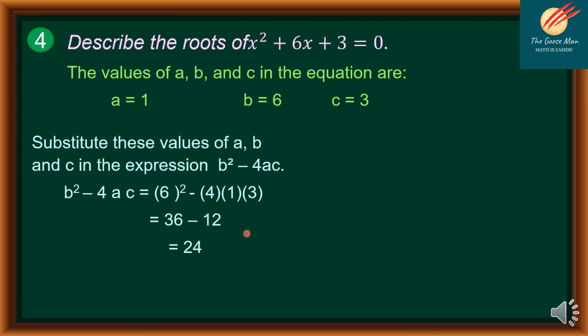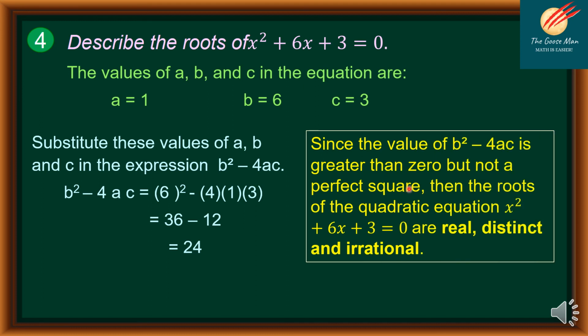However, 24 is not a perfect square number. Since the value of b squared minus 4ac is greater than 0 but not a perfect square, then the roots of the quadratic equation x squared plus 6x plus 3 is equal to 0 are real, distinct, and irrational.